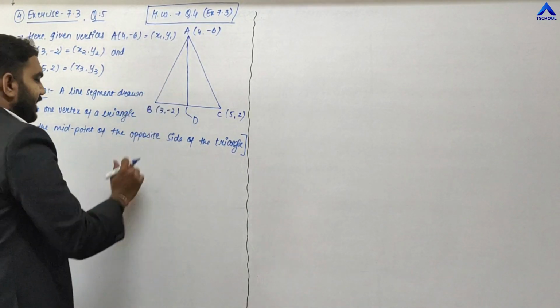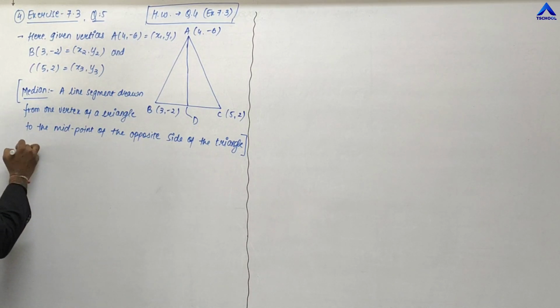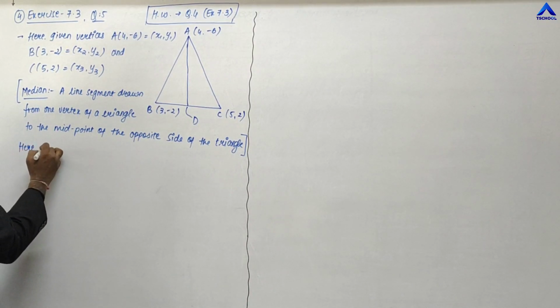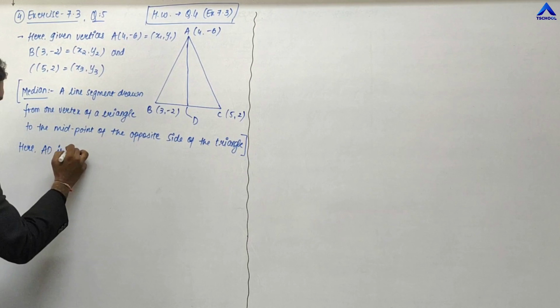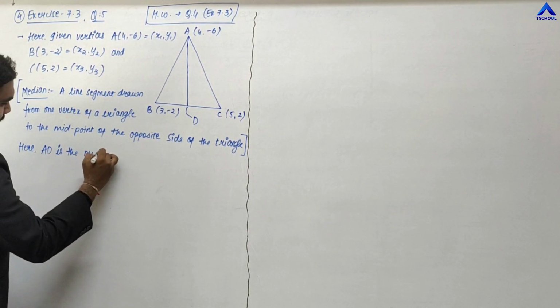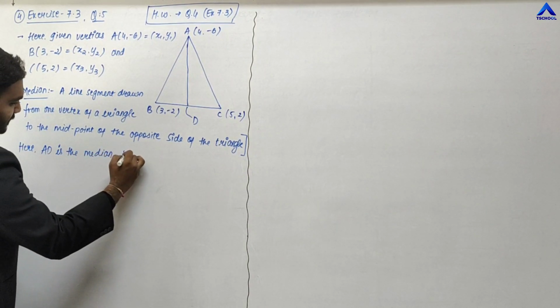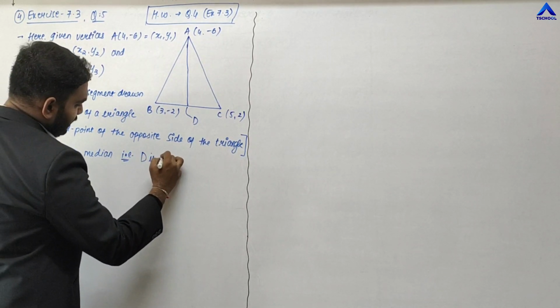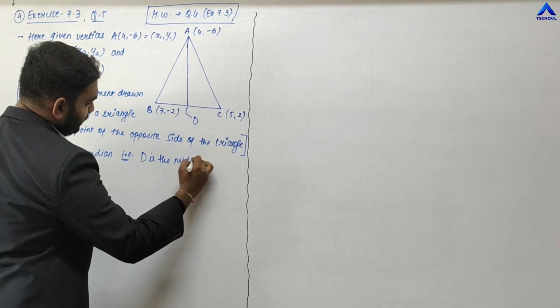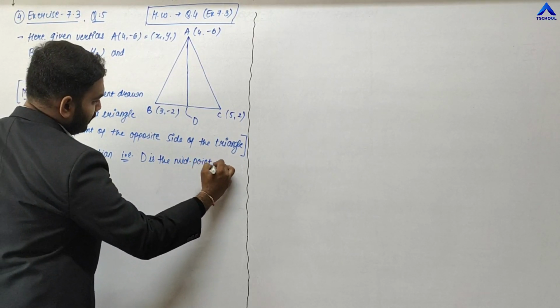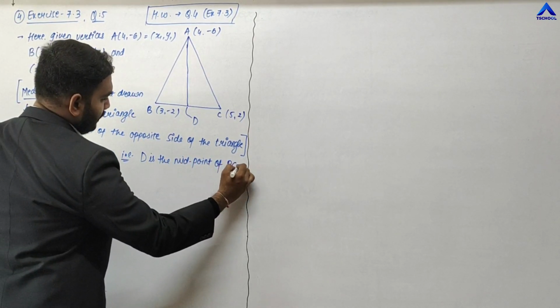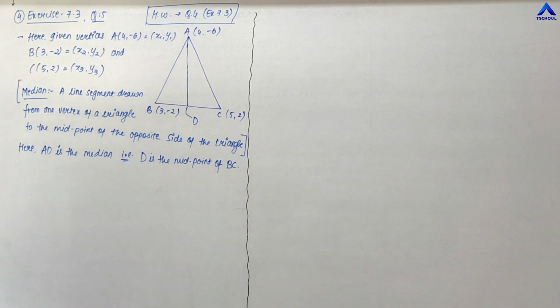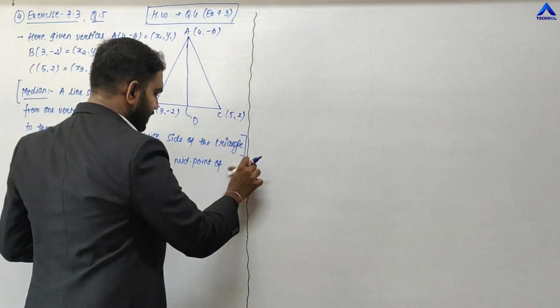So if this is AD, therefore AD is the median, that is, D is the midpoint of BC, right? D is the midpoint of BC.